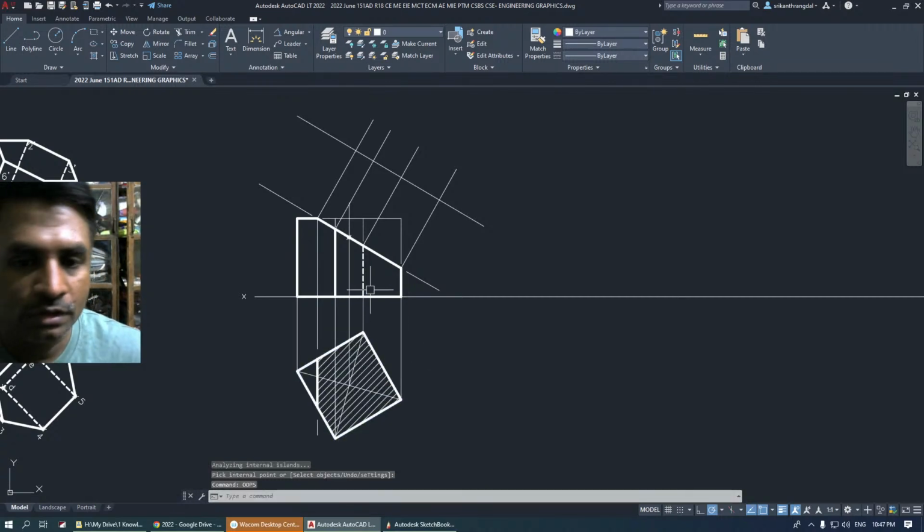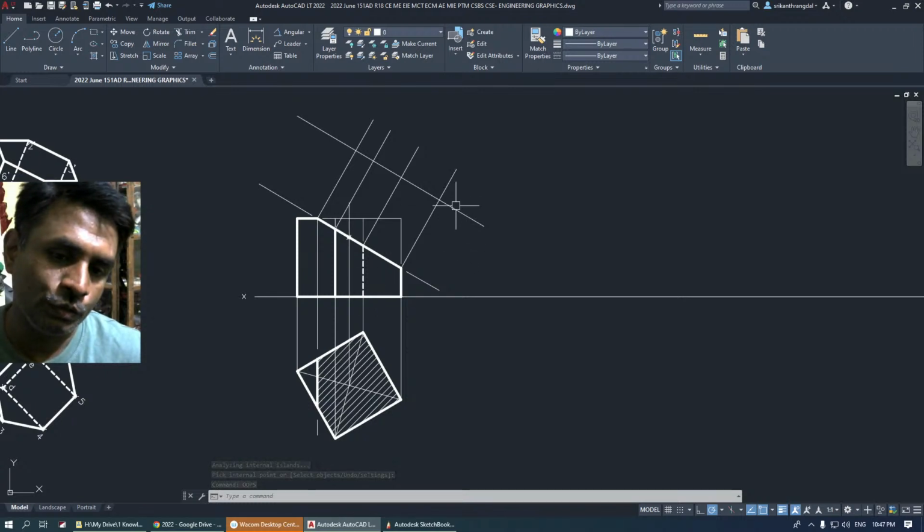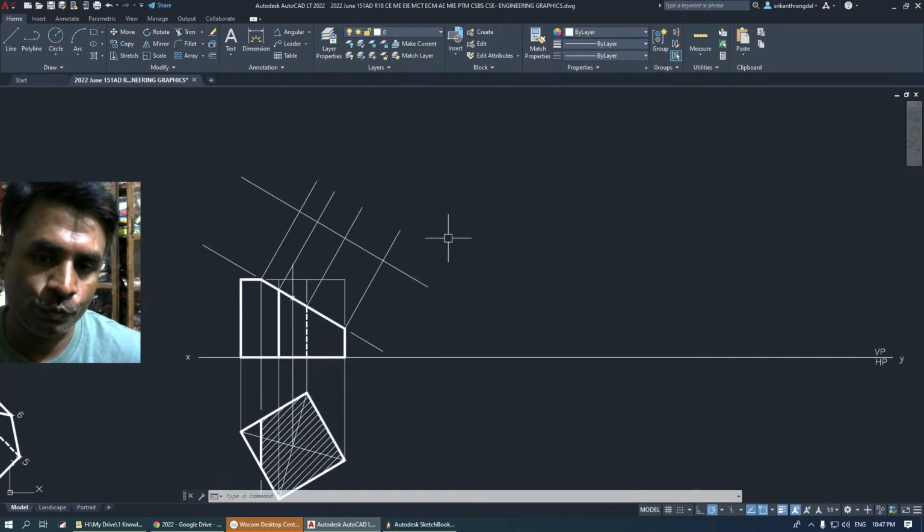Construction lines that I drew earlier, and then we need to draw the true shape.